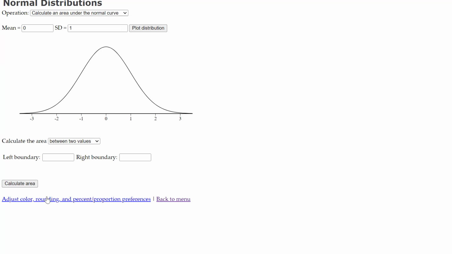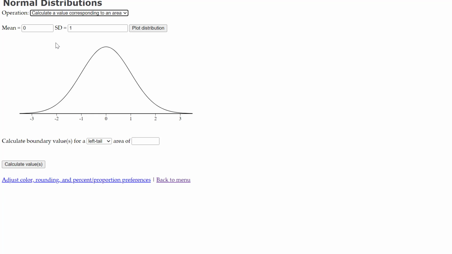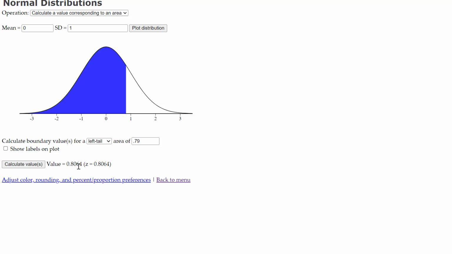Plot distribution, and I want to calculate a value because I know the area. I'm not trying to find the area. And what did we say? It was 79%. If you try to say, oh, I want to do 79%, remember we're working in decimals here, so it's 0.79. And you can see, to the right, it's at negative 0.8.